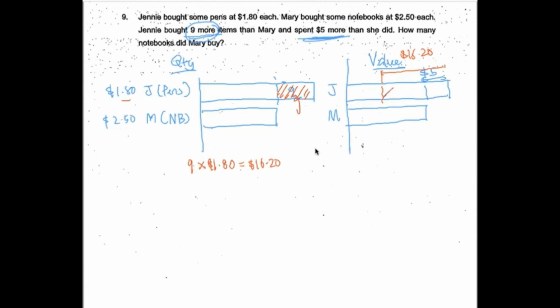This will be removed. So what is left here will be equal to $16.20 minus away $5. You will get $11.20. So this portion is $11.20.